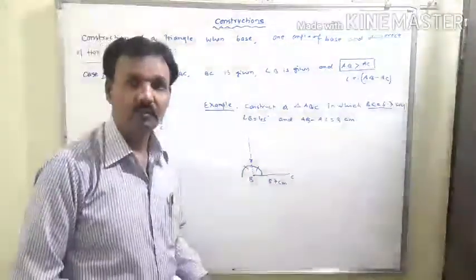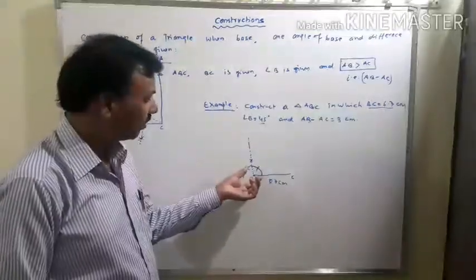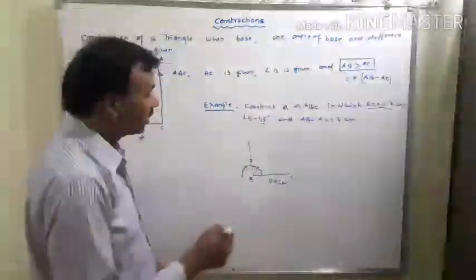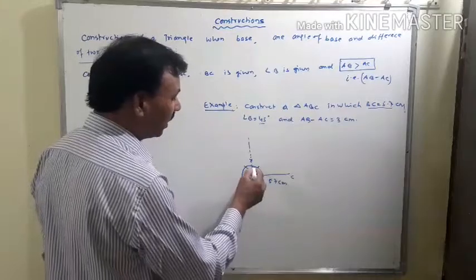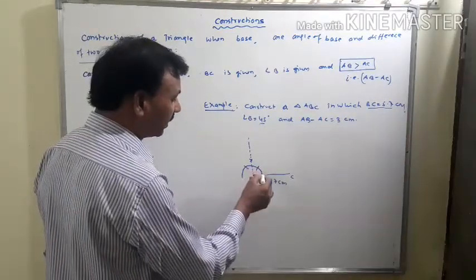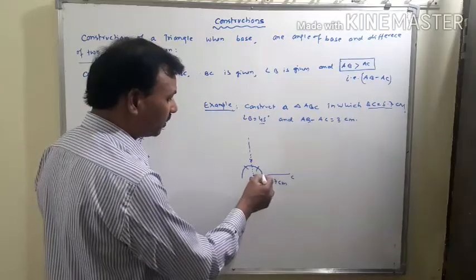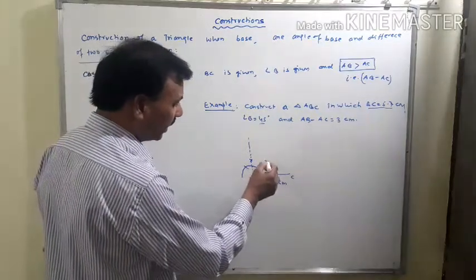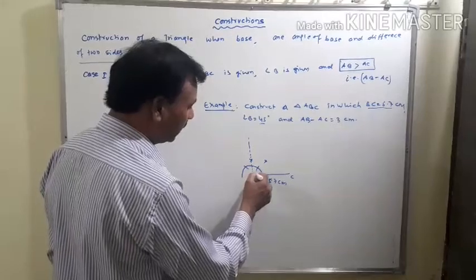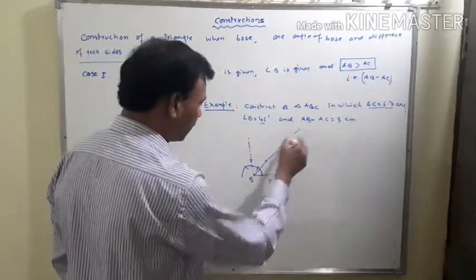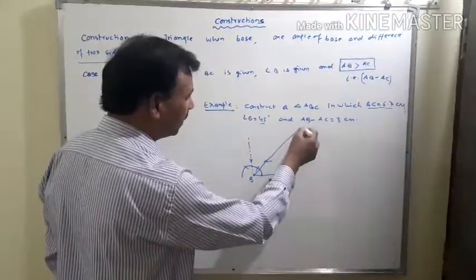As you know, I have already discussed in the previous video how to draw the angle bisector. So taking more than half the length of this arc, cut two arcs from here and here, and join B to this intersection point and draw a line BX.